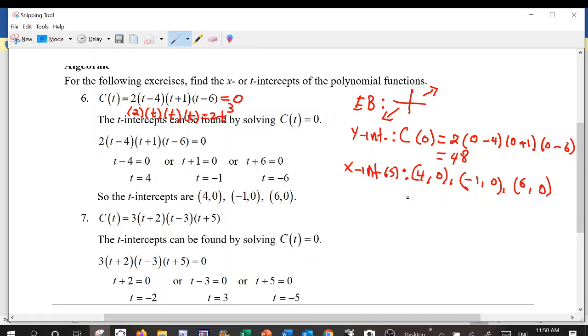Okay, so the graph of this will look like, let's see. So where is the y-intercept? 48. Let's assume this is 48. Okay, and 4 is 1, 2, 3, 4 right here, and also 6 and -1, right? And remember, the end behavior looks like this.